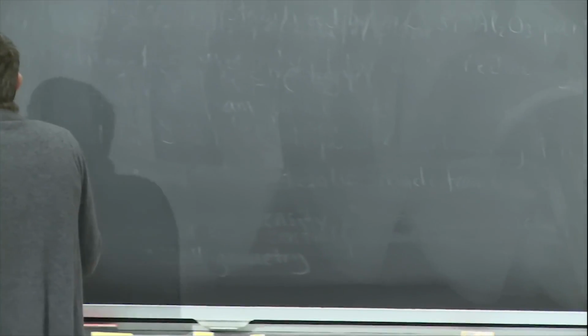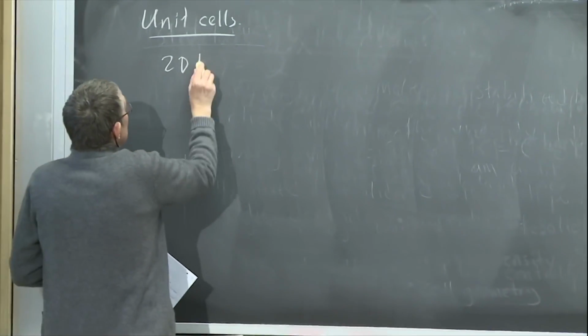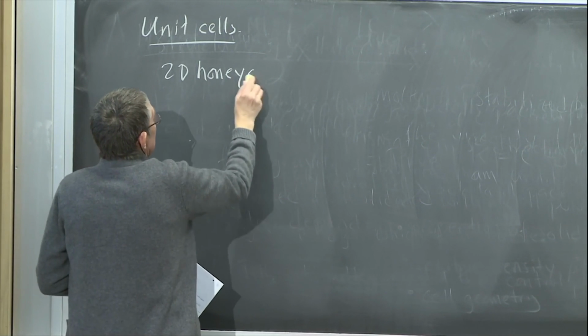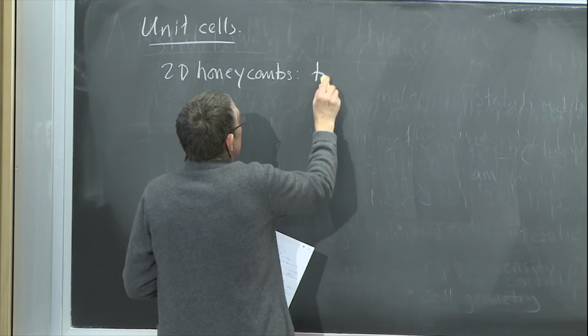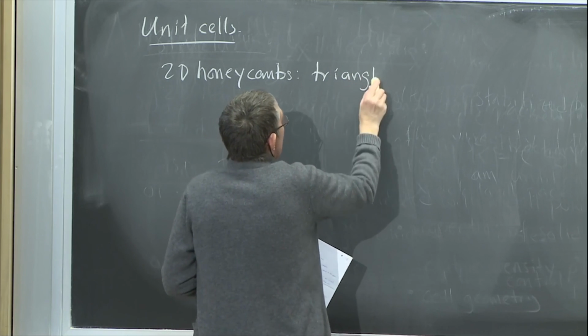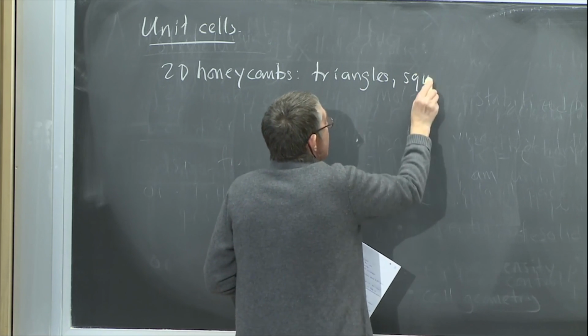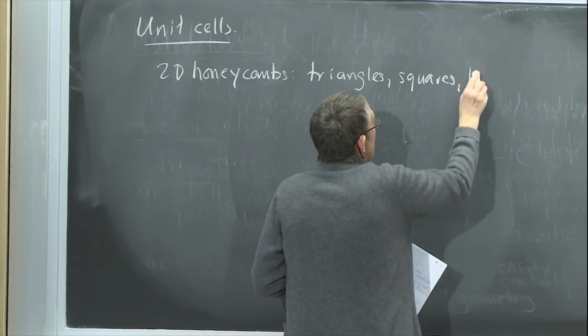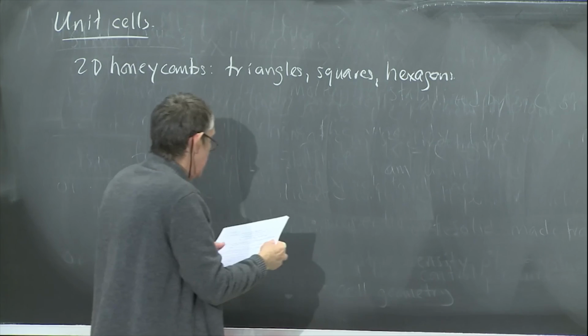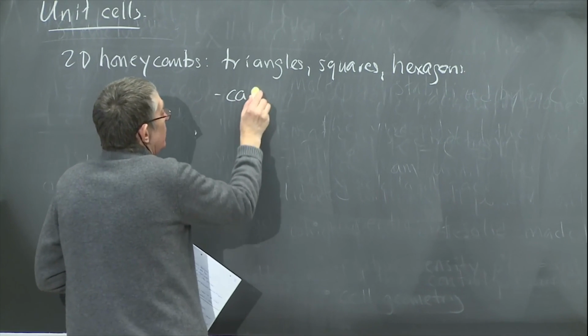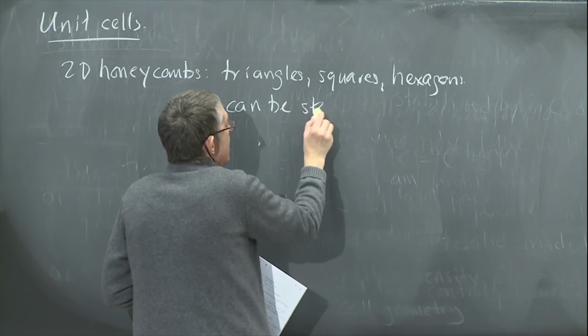So we have 2D honeycomb unit cells. We can have triangles, squares and hexagons. They can be stacked in more than one way.